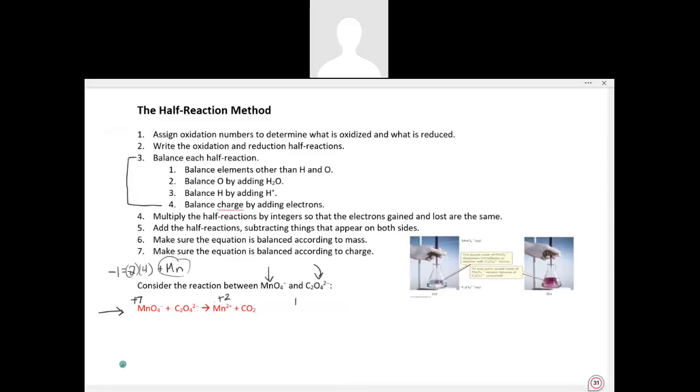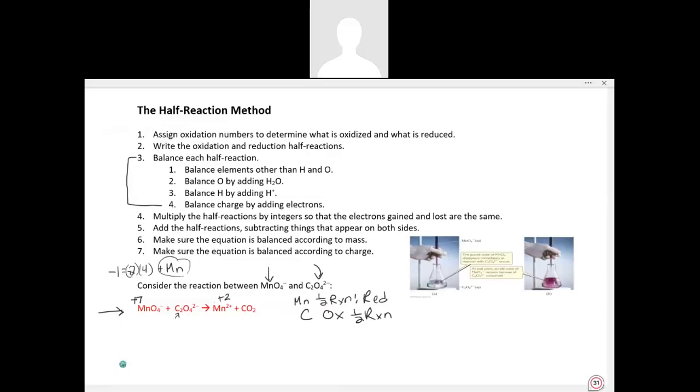So that's really all we have to do to know that we go from +7 to +2. Therefore, our manganese half reaction must be the reduction reaction, and our carbon here must be oxidized. I know that because oxidation and reduction always occur together.